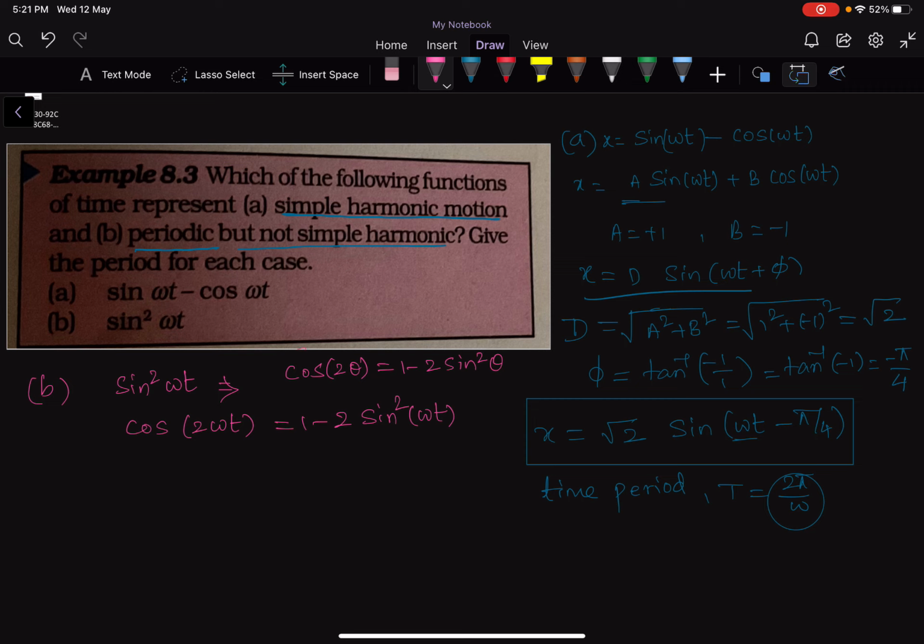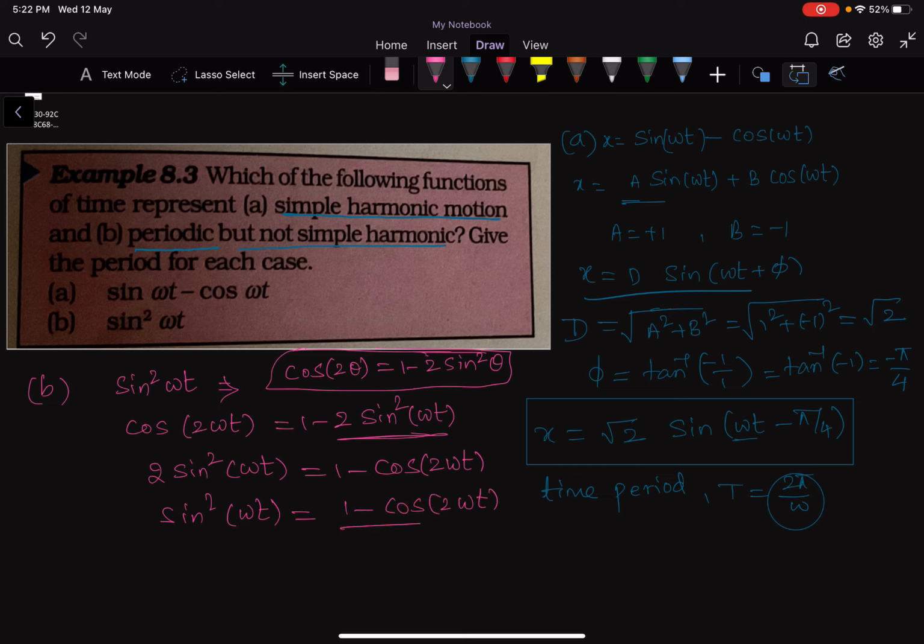This is a trigonometric identity. So when the 2 sin square omega t comes to the left side, it becomes plus 2 sin square omega t, equal to 1 minus cos 2 omega t. So sin square omega t can be written as 1 minus cos 2 omega t divided by 2.